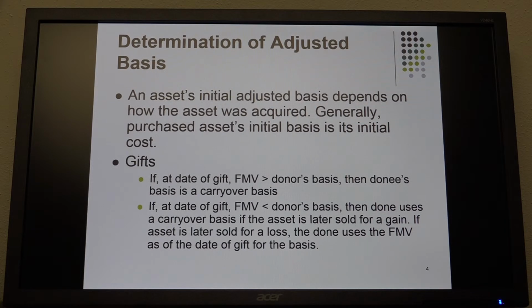And so this dual basis rule prevents the transfer of unrealized losses from one taxpayer to another by gift. If this rule didn't exist, you could essentially transfer your loss to someone who needed it or wanted it.